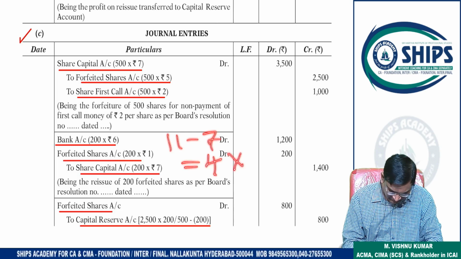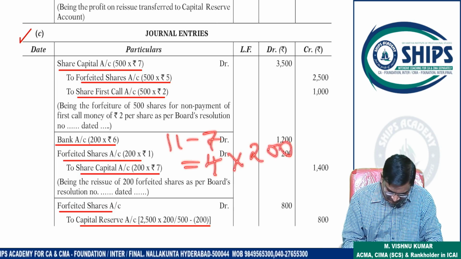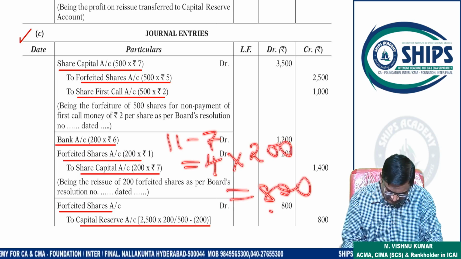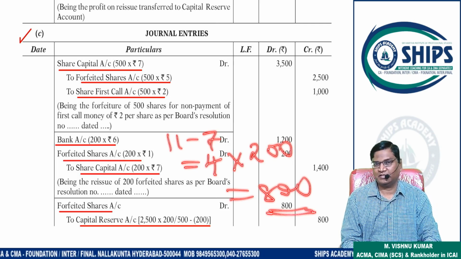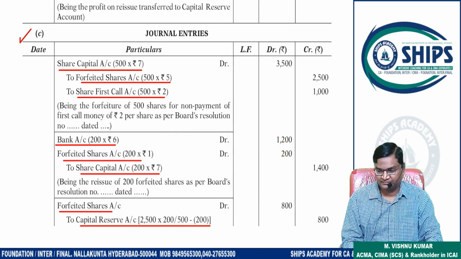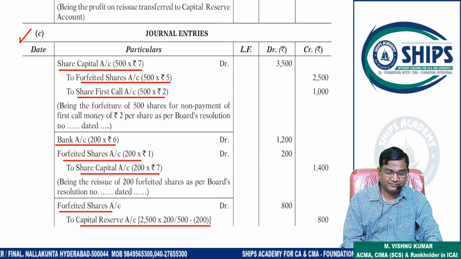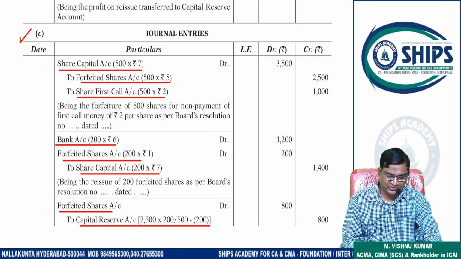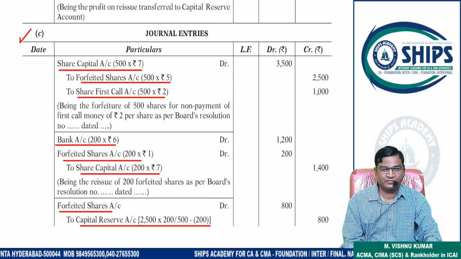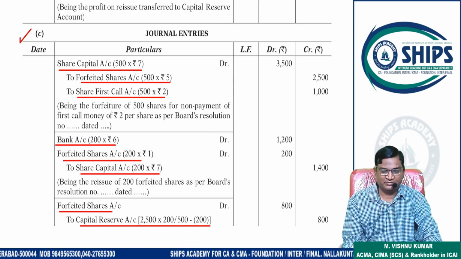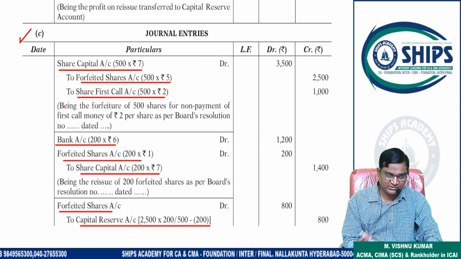Into how many shares we are reissuing? 200. 800 is the key. Understand? 800 is the gain. This type of question is very important. Face value will change, initially 10, later on 7. Students will make mistakes here.